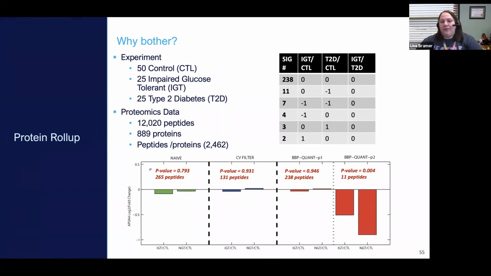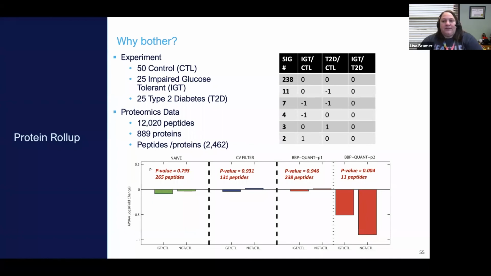And then on the right, with the two sets of red bars, if you look at protein 1, which would be the 238 peptides that match the nothing-differentially-expressed signature, your p-value is still 0.946. If I look at those 11 peptides that had a different pattern than all the other peptides that map to this protein, when you test for differences in groups, you get a p-value of 0.004.